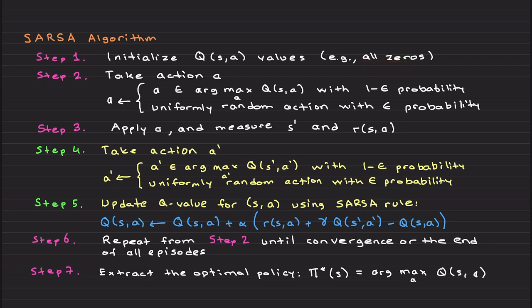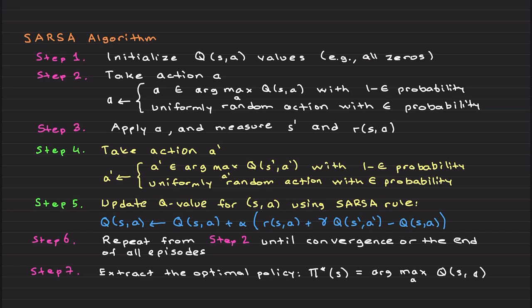In step 2, we take action A. Again, we follow the epsilon greedy policy. So with some epsilon probability, we take random actions. With 1 minus epsilon probability, we choose actions based on argmax of Q(S, A), so basically optimal.